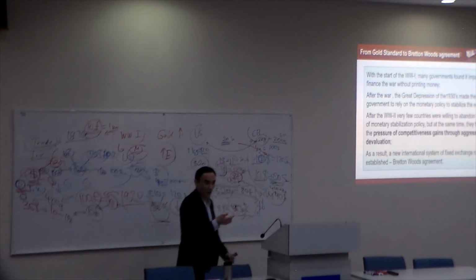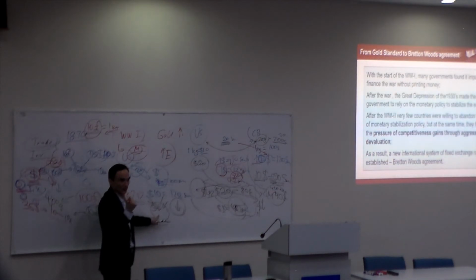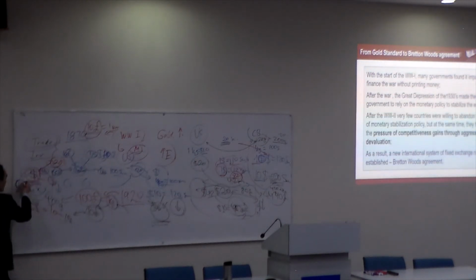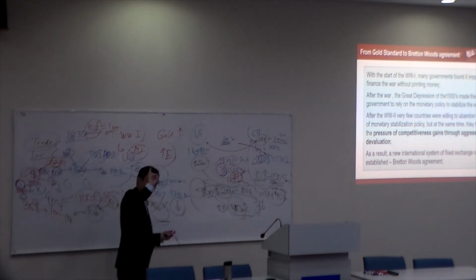So in recession time, the problem is a lack of money, which other countries are not willing to offer. So because of that, at that time they established two financial institutions, the IMF and the World Bank.